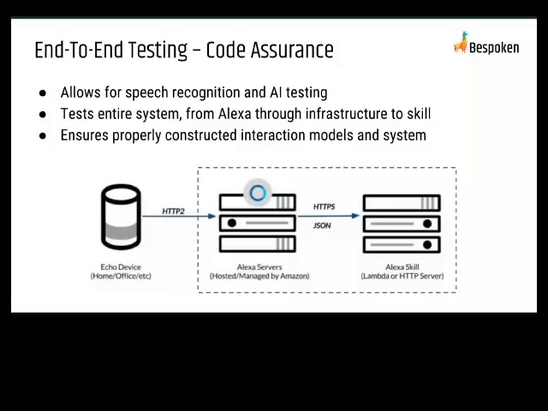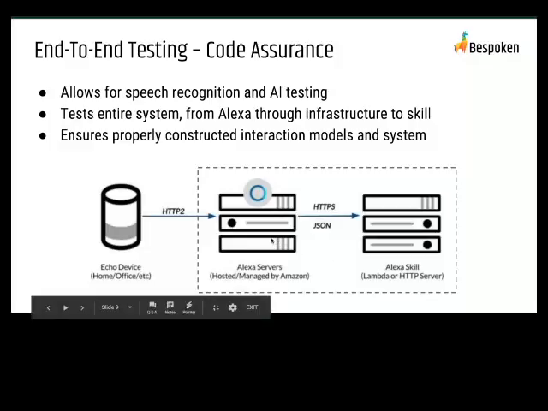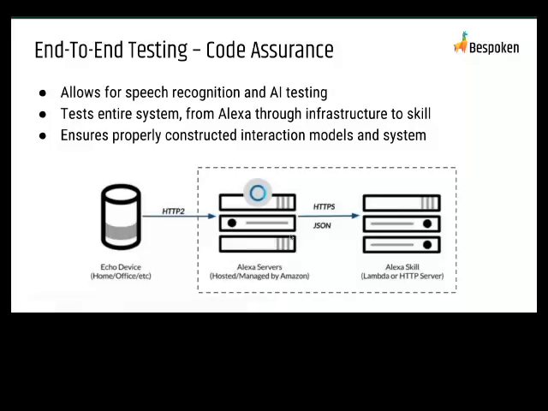So having this sort of end-to-end testing is insurance against those changes, because you can be running through actually testing against the Alexa voice service and have that confidence that it's actually working. So that's an overview of these pieces. Now I'm going to go in and demonstrate them.